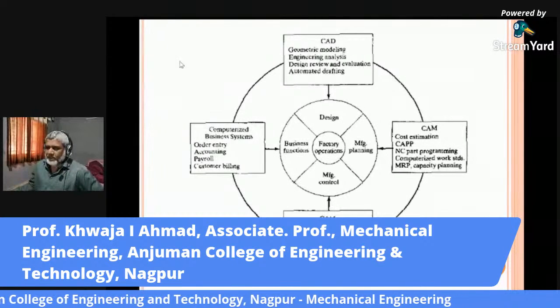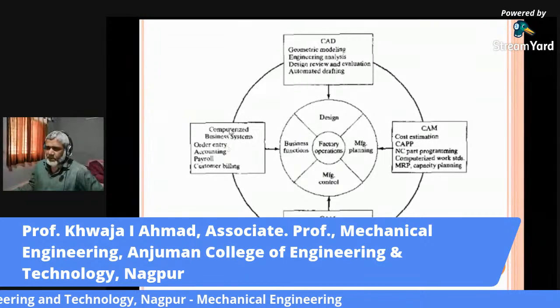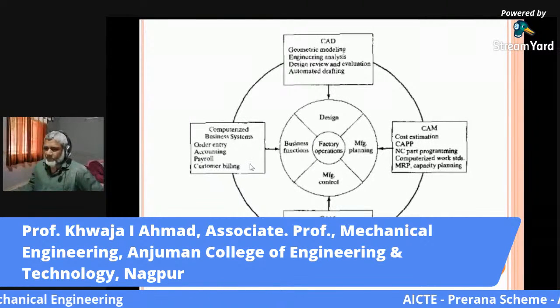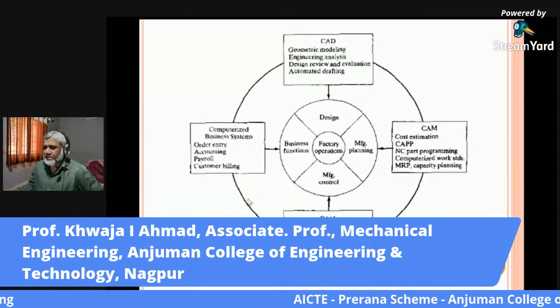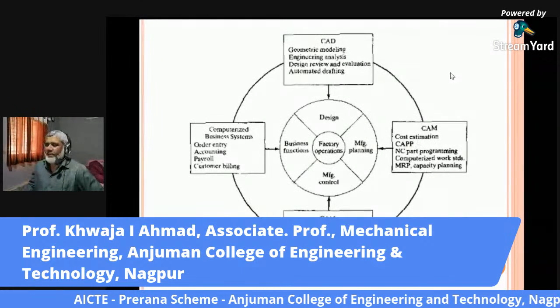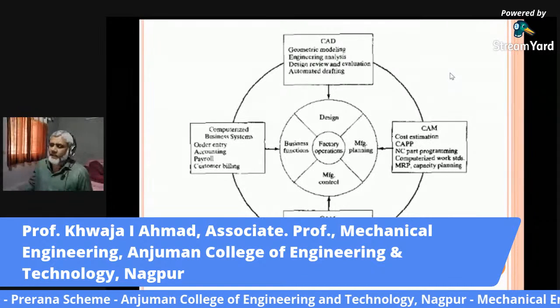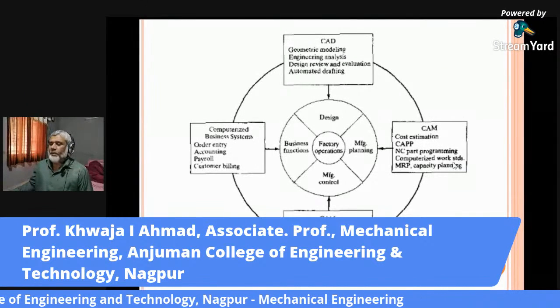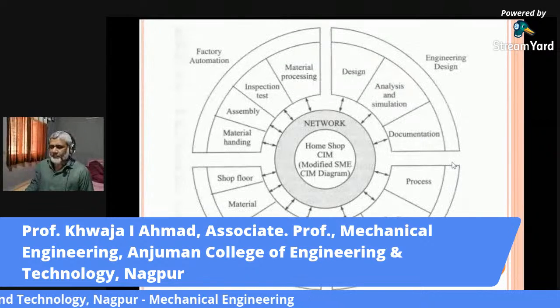Everything related with business function is on the computer. Then order entry, accounting, payroll, customer billing, all these can be attached through a single network, and that can be available to the management at the fingertips. That is known as your complete CIM system.